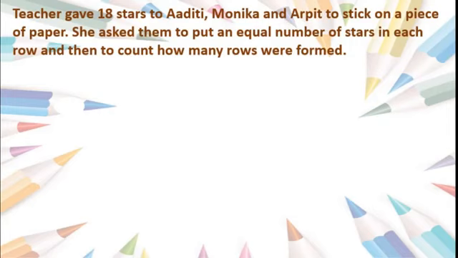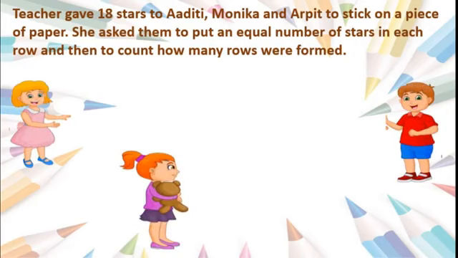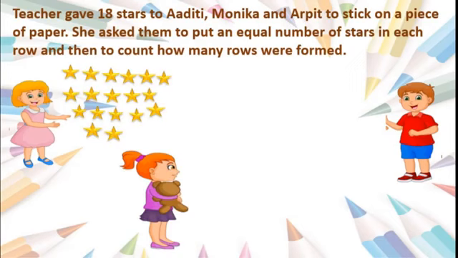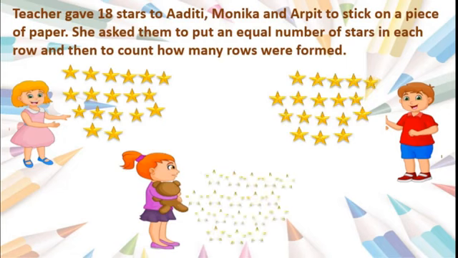Yes, here what the teacher did? Teacher called 3 students, Aditi, Arpit and Monica. Okay, and she gave 18 stars to Aditi, 18 stars to Arpit and 18 stars to Monica. Isn't it? And what she said? She said them to stick these stars on the paper.